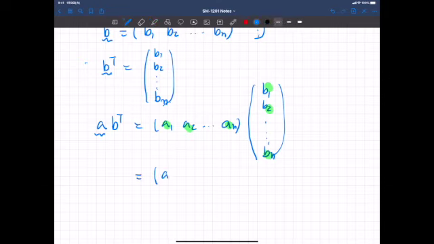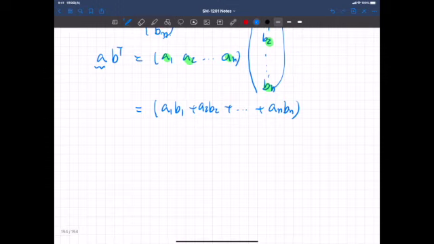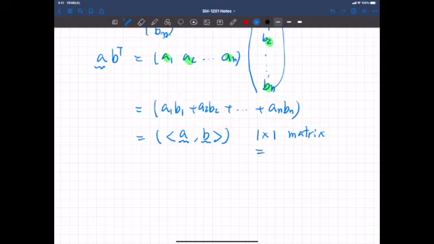So the result becomes A1 B1 plus A2 B2 plus, and so on. But as we have studied already, this is nothing but the dot product between A and B. Of course, this is just one number, so this is a one by one matrix, which is same as a scalar.